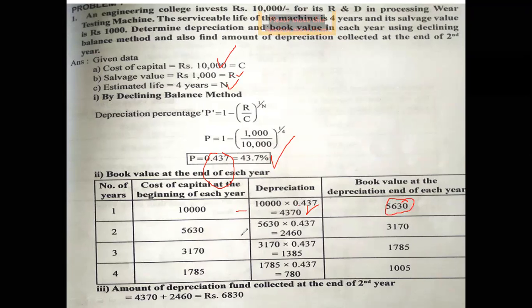Again, in the second year, 5630 minus this amount, 2460, gives you 3170. Again 3170 minus this amount gives you a book value of 1785. 1785 minus 780 gives you 1005.